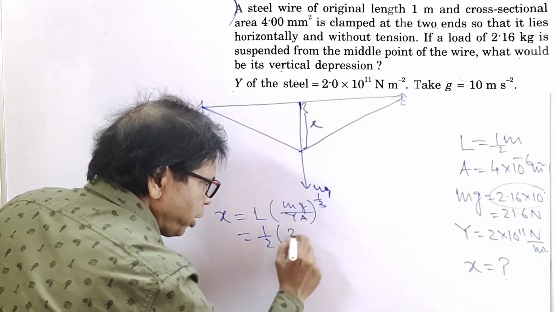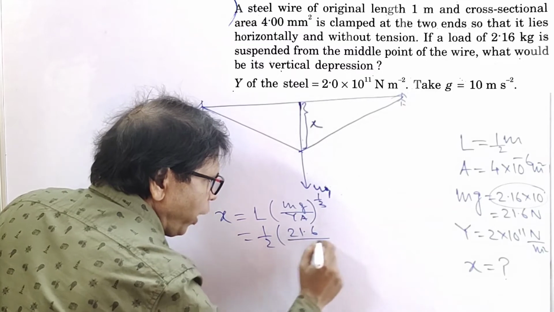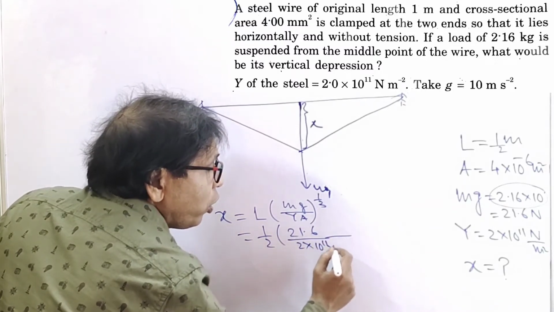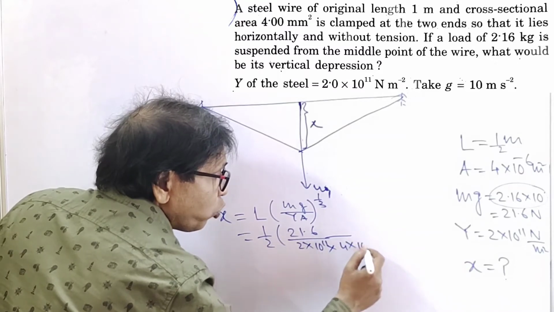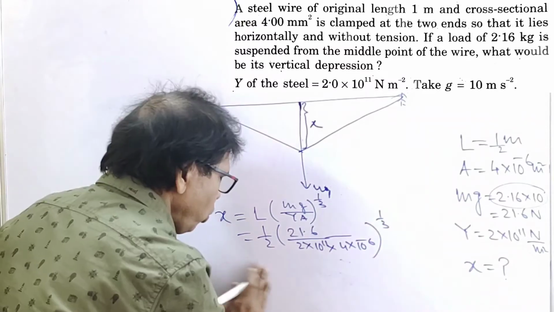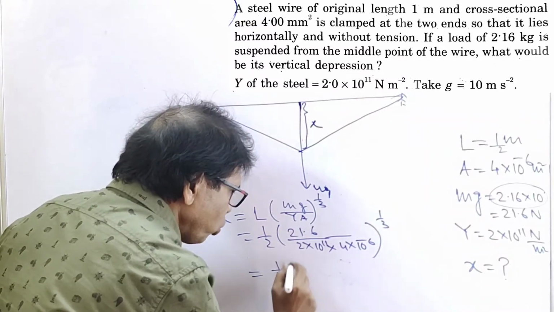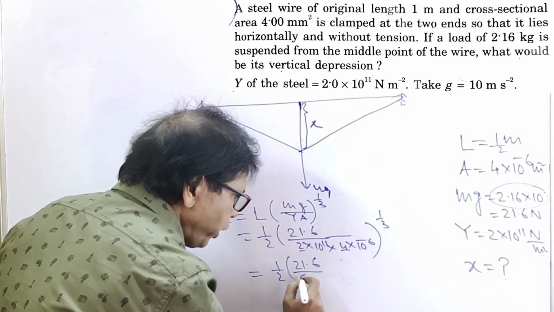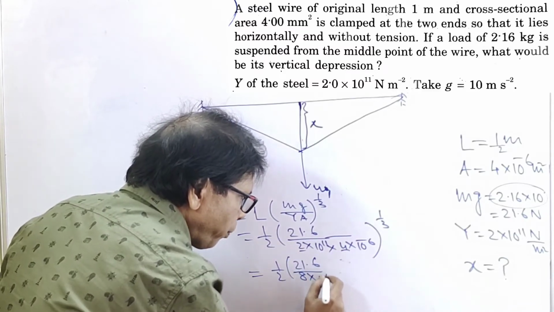Now mg is 21.6, Y is 2 into 10 to the power 11, and A is 4 into 10 to the power minus 6, whole to the power 1/3. This is half into 21.6 divided by 4 and 2, so 8 into 10 to the power 5.